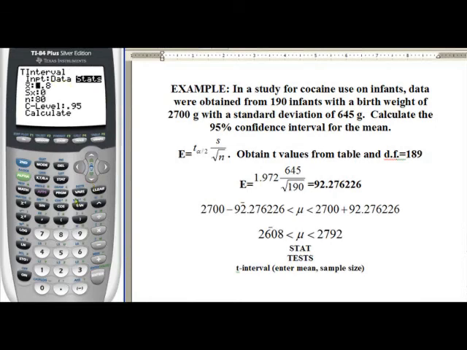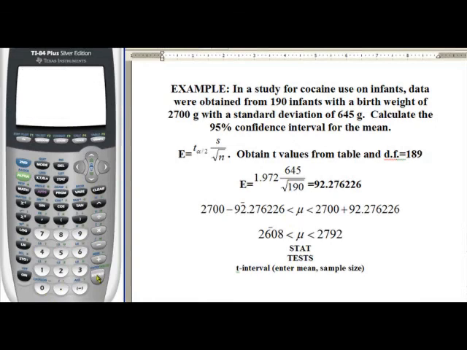What is the mean? 2,700. And Sx, that's your sample standard deviation. What is that? That is 645. And how many data points are we talking about? 190. And the confidence level is 0.95.